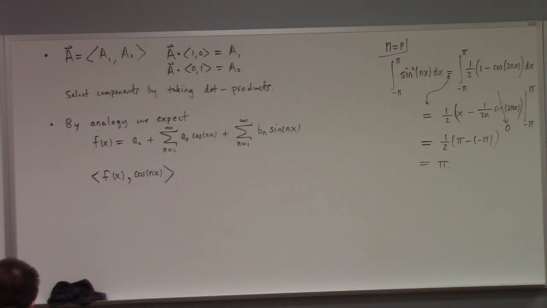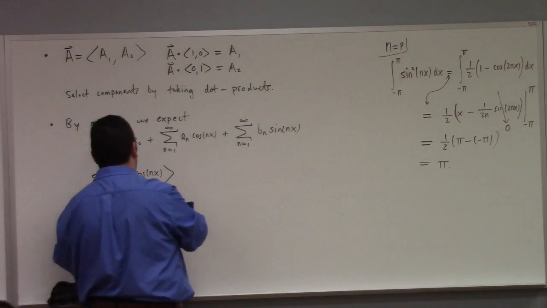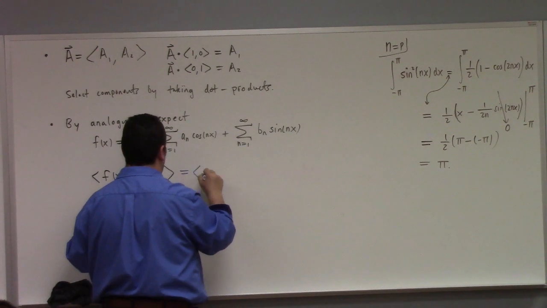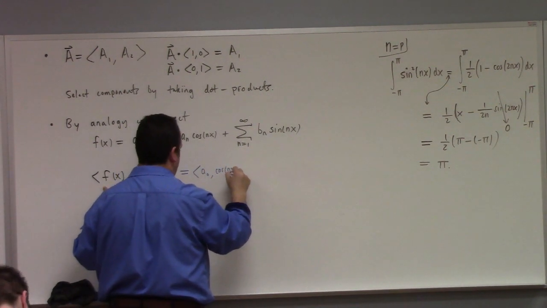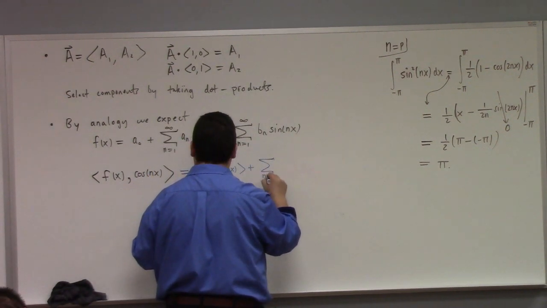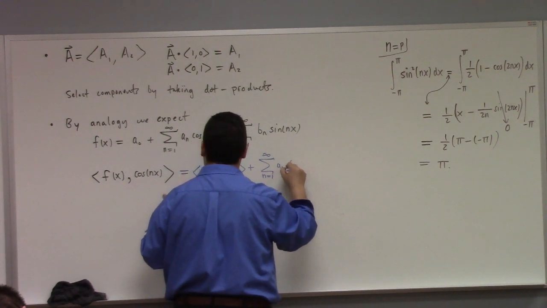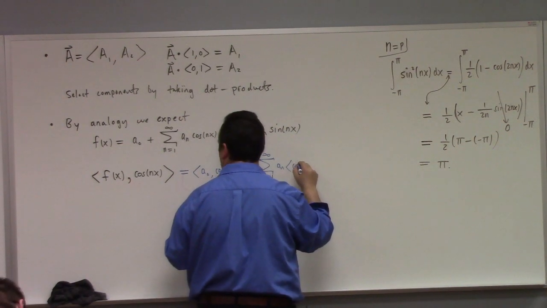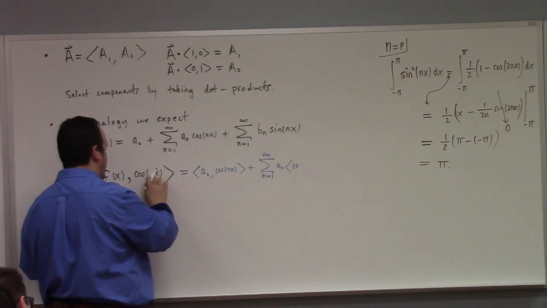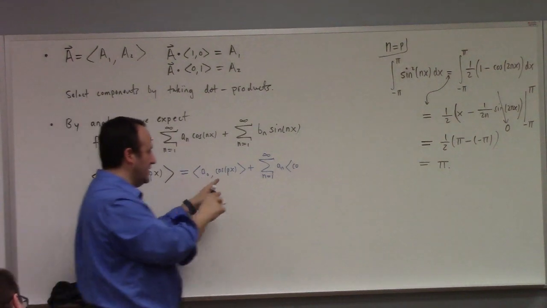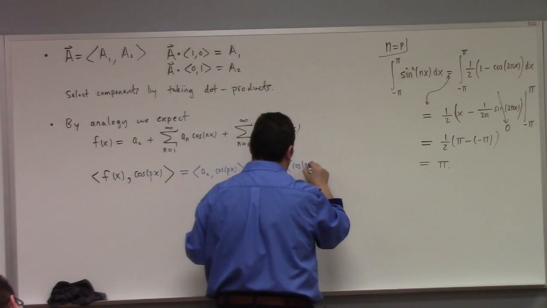So if I calculate this, I should expect that it is going to give me a0 with cosine nx and, oh man, I'm sorry, I need to make this n into a p. I'm making this one into a p, so a0 cosine p. Oh no.